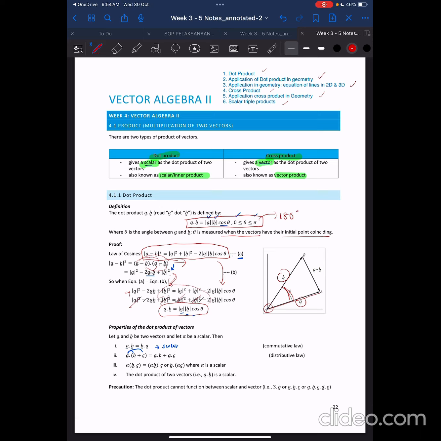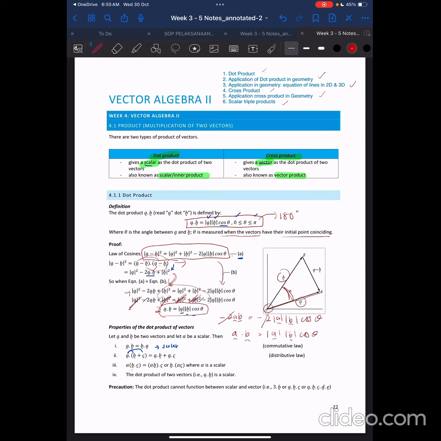Let me write. This one and this one cross out, and you will be left with negative 2ab equivalent to negative 2ab cos theta. Okay, so here negative 2 can be removed and you are left with a dot b equivalent to the magnitude of a times the magnitude of b cos theta.